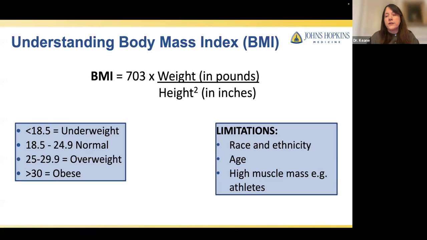There are some provisos for this. Like everything, BMI is not perfect. There are certain races and ethnicities where it just doesn't apply as well. At extremes of age, it also doesn't work so well. And also in patients with a high muscle mass, particularly athletes, they often are deemed to have a high BMI, but in reality, they're not obese.